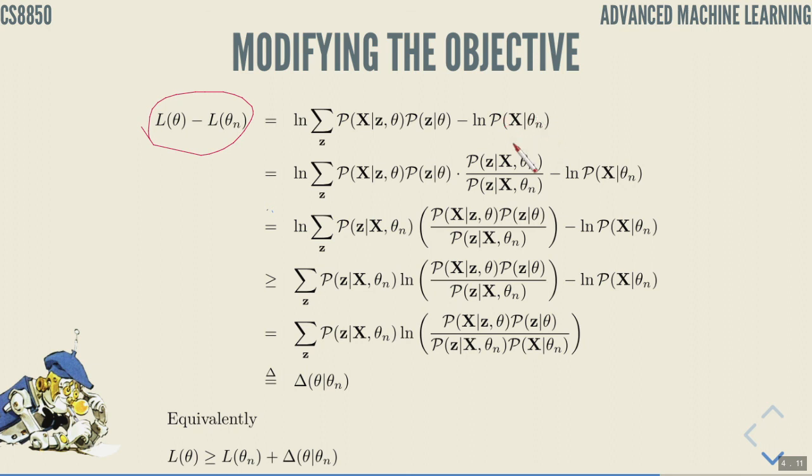Because when you compute that log likelihood at given parameters, you basically can compute the posterior as well.